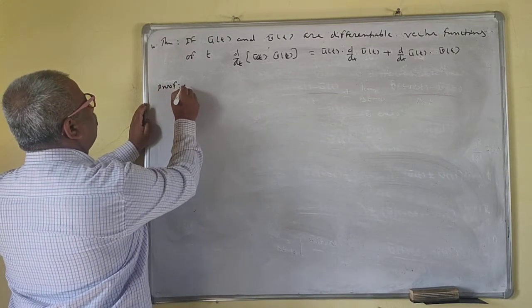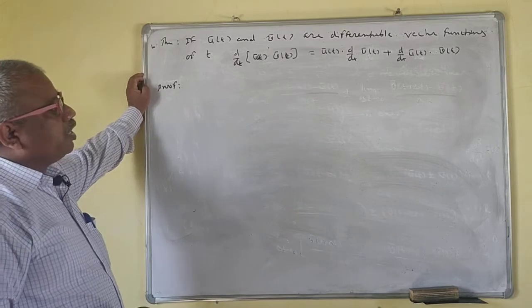Okay, so prove: u bar and v bar are differentiable functions of t.